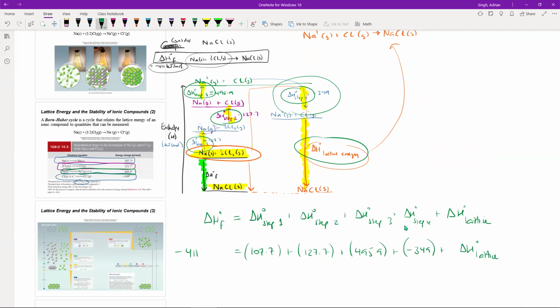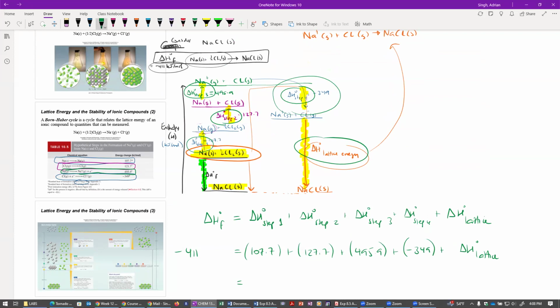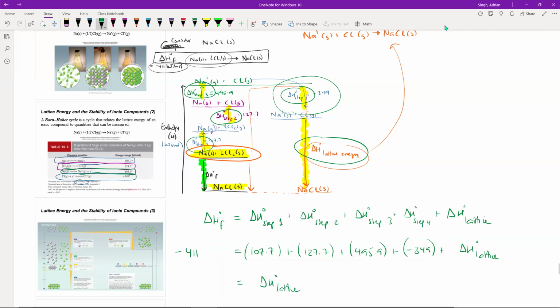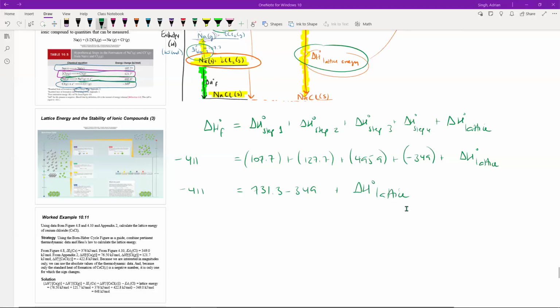So when we substitute these values in, right, we move our numbers around, and we end up with our delta H here for the lattice energy being equal to, let's plug that into our calculator. Okay, so everything on the right side here ends up being this. So when we evaluate that, we have 731.3 minus 349.